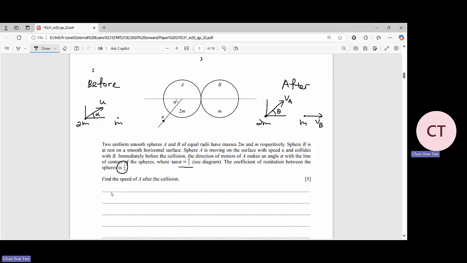Now if we consider the one that is along the line of collision, we have the PCLM, Principle of Conservation of Linear Momentum. So we have 2m u cos alpha plus 0 is equal to 2m VA cos theta plus m VB.